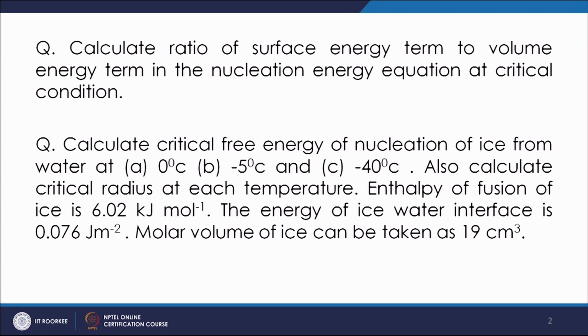Enthalpy of fusion of ice is given as 6.02 kilojoule per mole. Energy of ice water interface is 0.076 joule per meter square. Molar volume of ice can be taken as 19 centimeter cube.